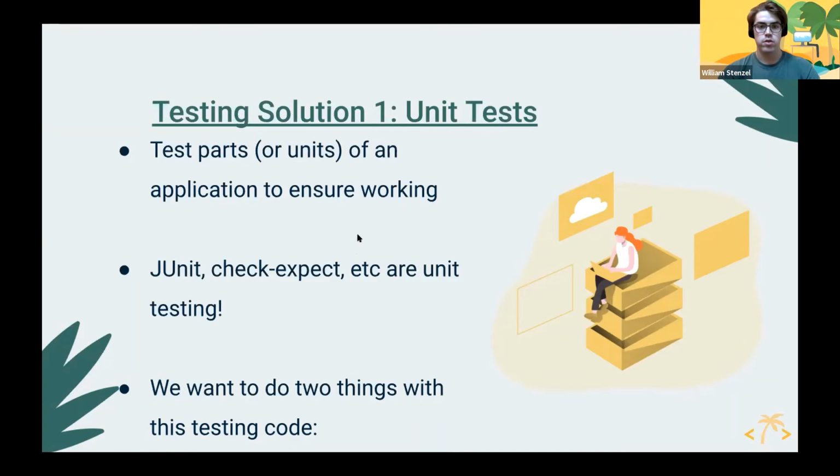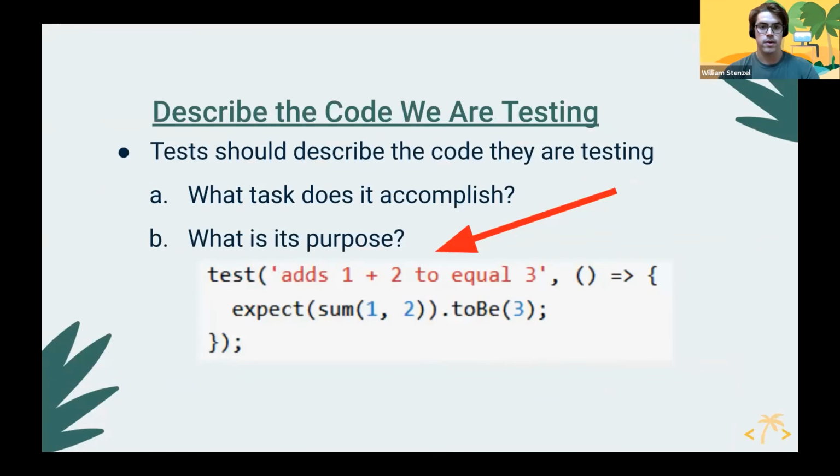And we want to do two things when testing our code. The first is to describe what code we're testing. This might seem simple, but when you're working with a team, it's extremely important to be very clear about what it is that you're testing, what it's supposed to accomplish, and what its purpose is.